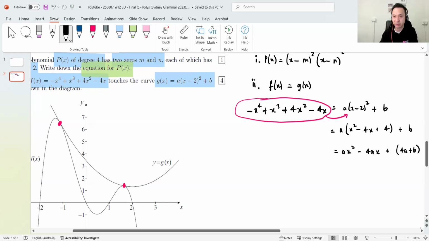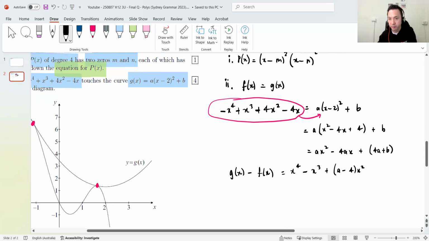All right, guys, so let's move everything over. So therefore I have g(x) minus f(x) basically equals x^4 minus x^3. Now, these guys combine, so plus (a minus 4)x squared, and then plus bracket.